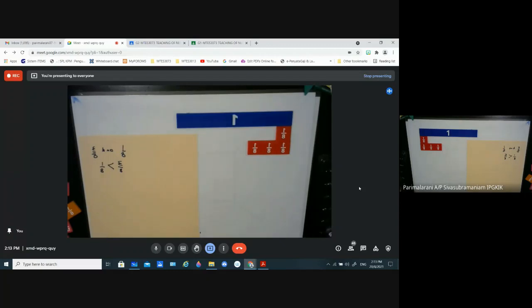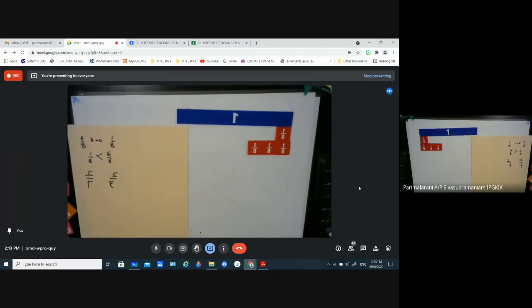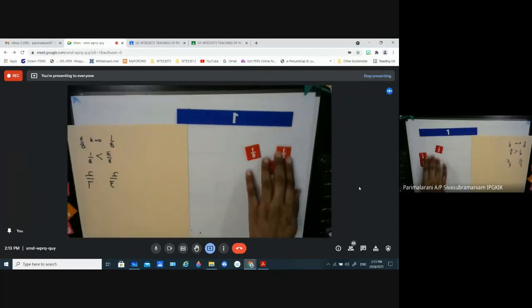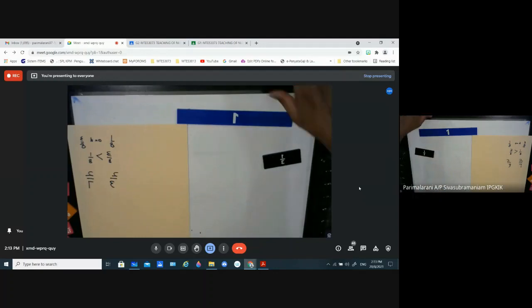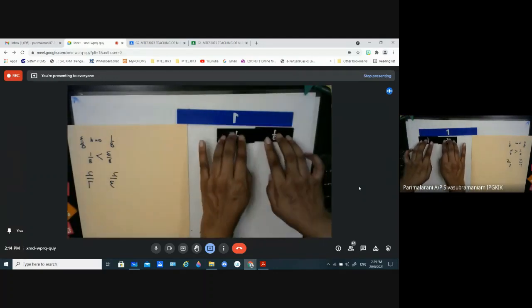An example of same numerator will be: which is larger, 2 over 3 or 2 over 7? We also sometimes have problems with this. So let's represent 2 over 3 and 2 over 7. I have 2 over 3 here.